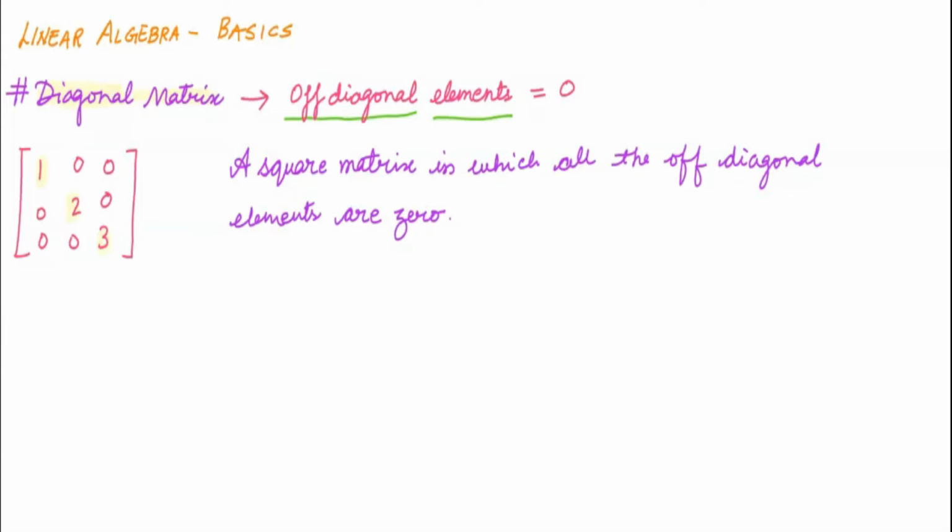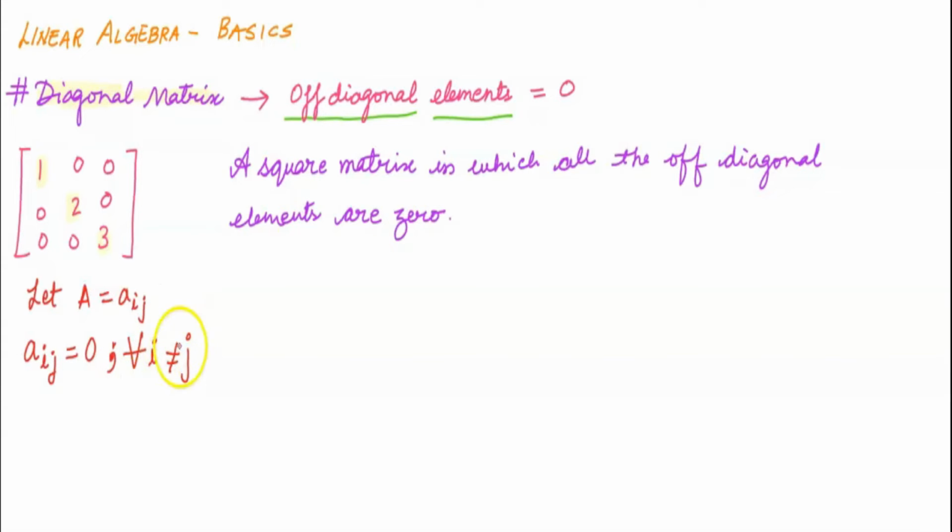Let us write it in a more proper manner. This matrix we are considering as A, and if we write the implementation as A of ij, then for a diagonal matrix, A of ij is equal to 0 for all i not equal to j.